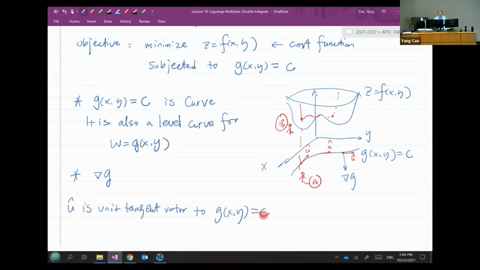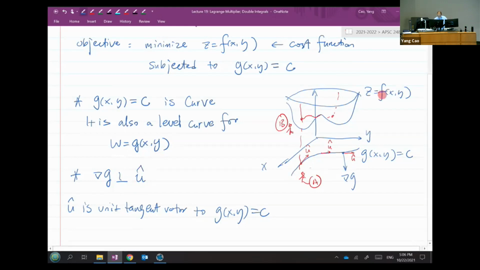Now here's a fact I want you to jog your mind on. Remember when you calculate the gradient of a function of two variables, in one of our lectures we proved that the gradient vector is perpendicular to what? To the level curve, or the gradient vector is perpendicular to the unit tangent vector at that location.